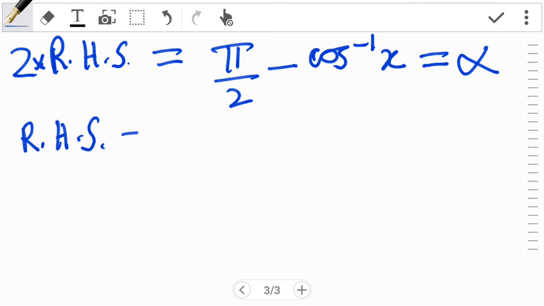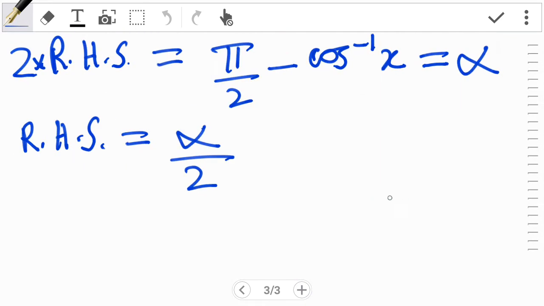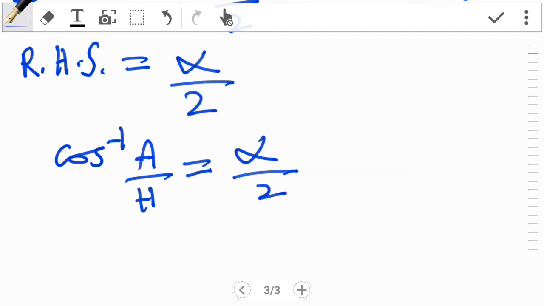RHS is alpha by 2, correct? Now what was LHS? LHS was cos inverse A by H. RHS is alpha by 2. So effectively our problem has reduced to proving that cos inverse A by H is equal to alpha by 2.